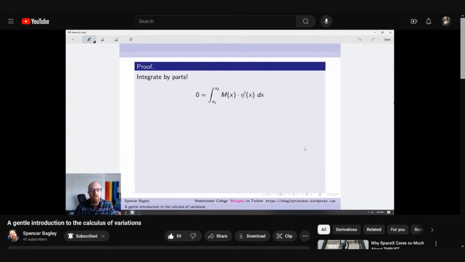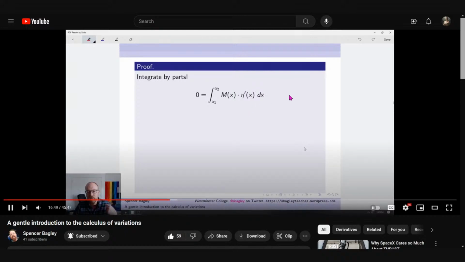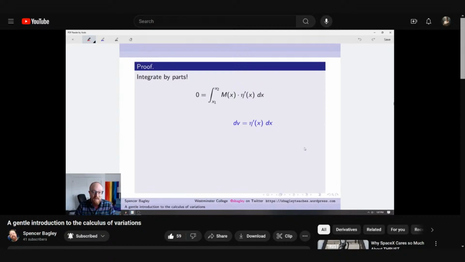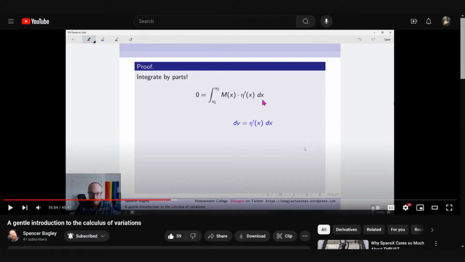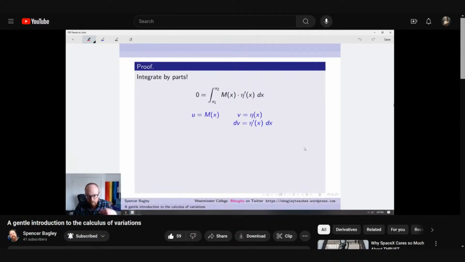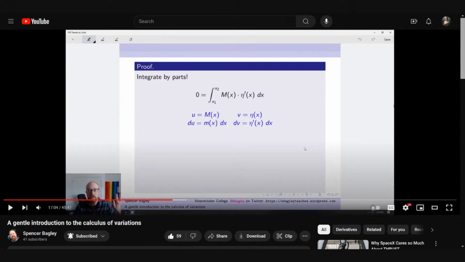I got to choose a u that I can take the derivative of, and I got to choose a dv that I know how to integrate. Probably what I'm going to choose for dv is eta prime dx. So we're going to replace dv with this guy. So v is eta of x. That leaves my u to be big M. My du would then be big M prime, which I'm just going to write as little m.